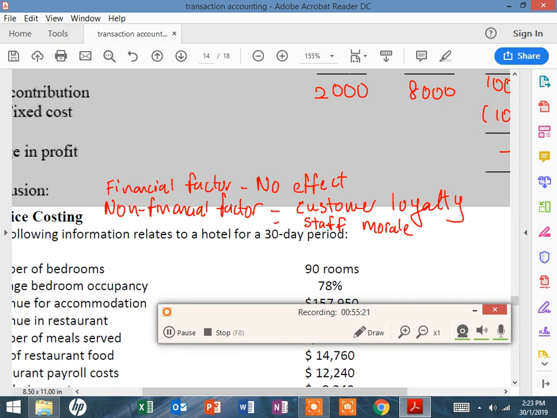So we want it within 2 days, they say okay, and they will deliver exactly within 2 days. Very reliable. The current one is very reliable and can maintain quality. But if I switch, will they be as reliable as the earlier one, or will their quality be maintained throughout? Can't tell. That's why we consider the non-financial factor. So that's it.